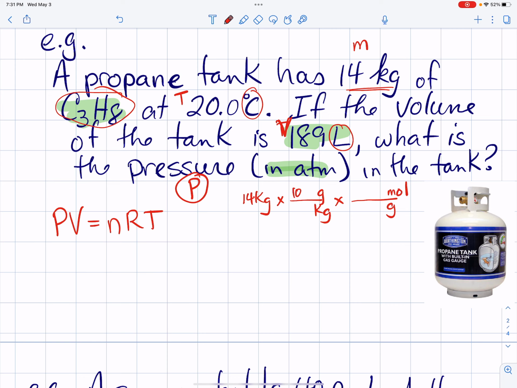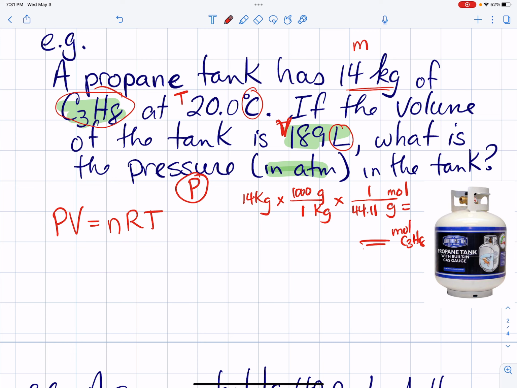So there's 1,000 grams in a kilogram, and the molar mass of C3H8, let me do some mental math, 3 times 12 is 36, plus another 8, this is going to be 44.11 grams. So this would give me the moles of propane that are in the tank. All right, if I grabbed a calculator, I could do that. But there's another way we could have done this, and that's what I'm going to do.